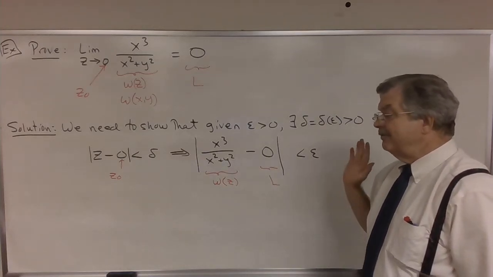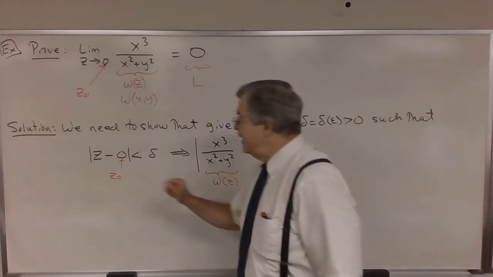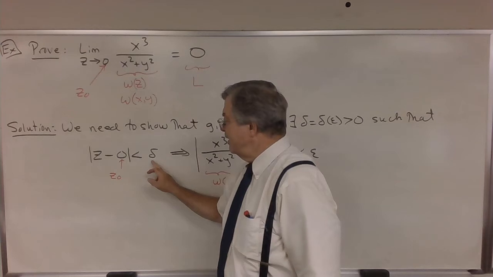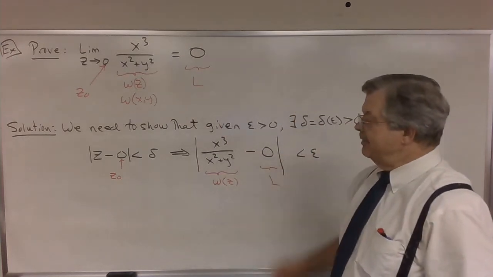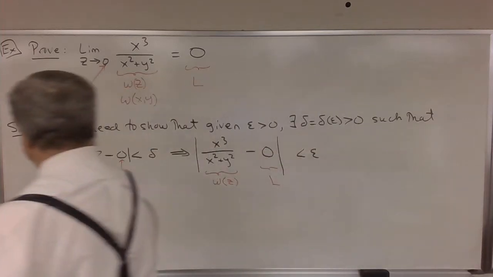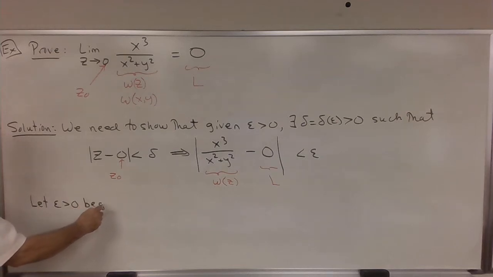And the response to the challenge is, we have to find z close enough to z naught to force this to happen. So the first thing we do is, well, I'll tell you what. Yeah, I guess the first thing we do is we say epsilon greater than 0 be given.